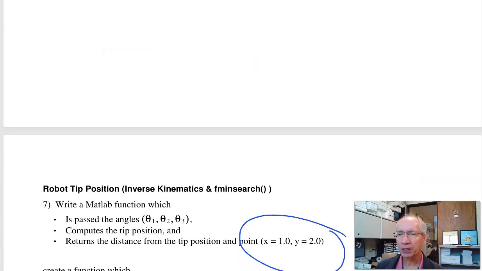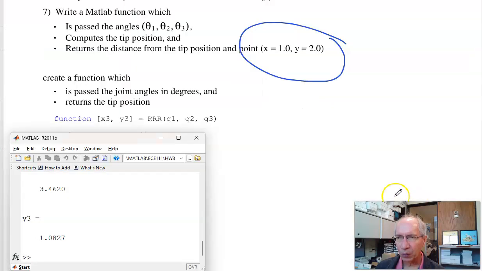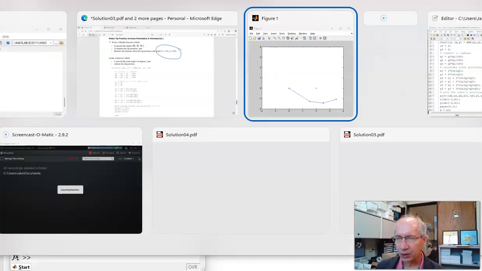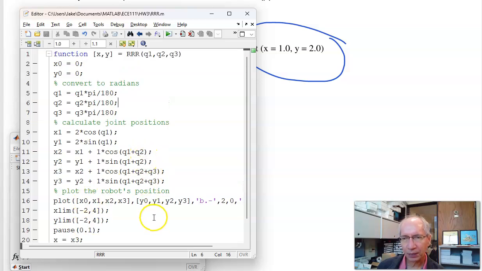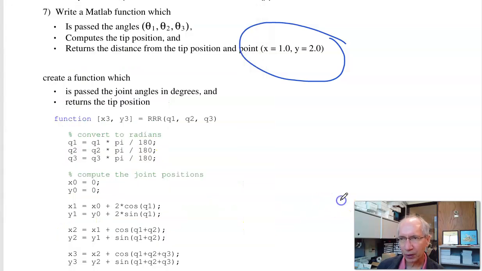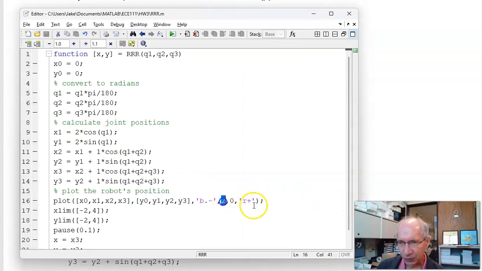This is where a function called fmsearch is really useful in Matlab. What I will do is, here's my function, RRR. The point that I'm looking for is x is 1, y is 2. So just for fun, there's my target position.